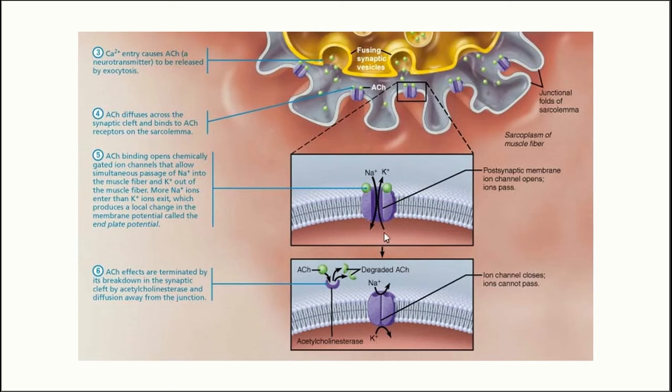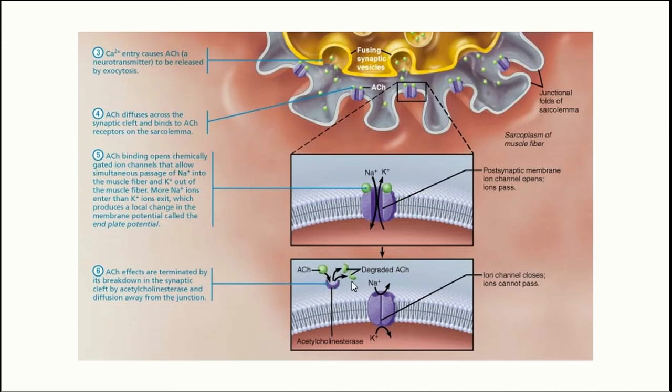When it enters the cell, it makes the inside of the sarcolemma at this point in the cell a little bit more positive. We refer to this as a depolarization because the voltage becomes less negative, because a positively charged substance is entering our cell. So the voltage inside of the membrane here would be depolarizing. That is, it would become more positive for a brief time.